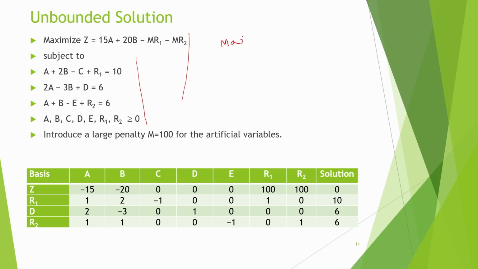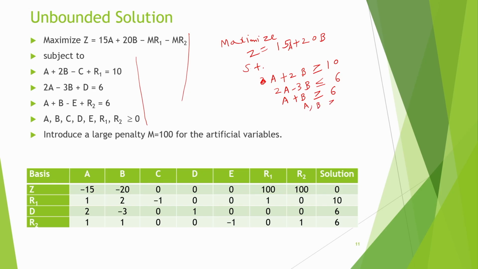Actually the problem is maximize z equal to 15a plus 20b, subject to a plus 2b greater or equal to 10, then 2a minus 3b smaller or equal to 6, and then a plus b greater or equal to 6, and then a, b greater or equal to 0.